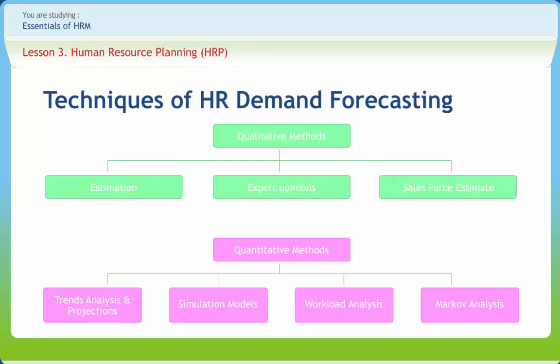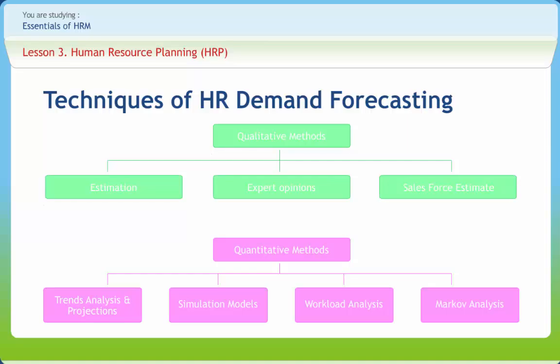There are several ways of seeking expert opinion. First is the Delphi technique, where all the experts who are geographically dispersed send in their opinions and a common consensus is reached. Second is group brainstorming, where a group of experts make assumptions about future business direction based on which the estimates are generated.